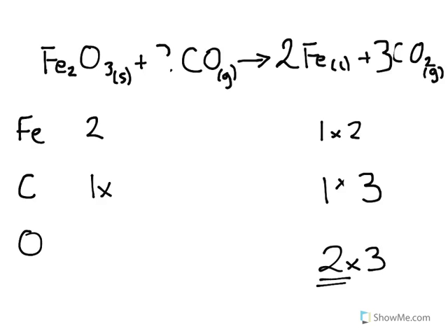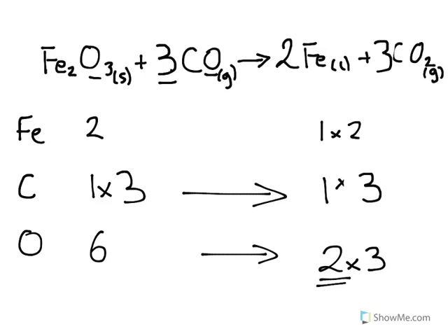We will need 3 carbons here on the left-hand side, so we now have 3 carbons on both sides of the equation. On the right-hand side we have 6 atoms of oxygen, and on the left-hand side we also have 6 atoms of oxygen. So our equation is now balanced.